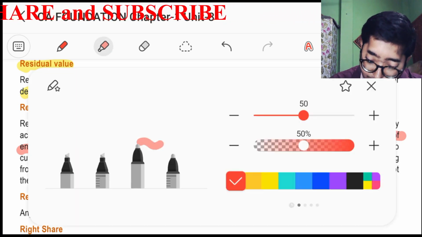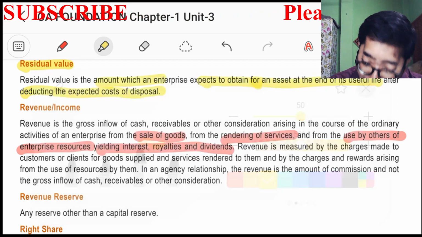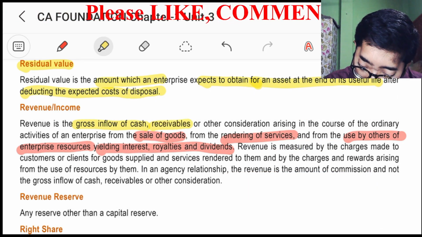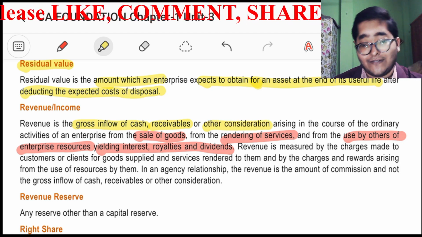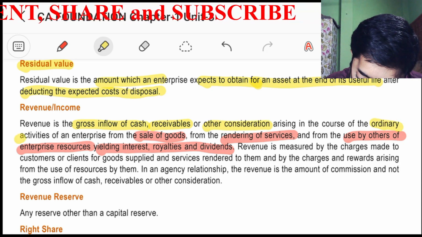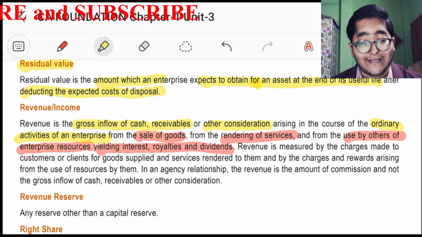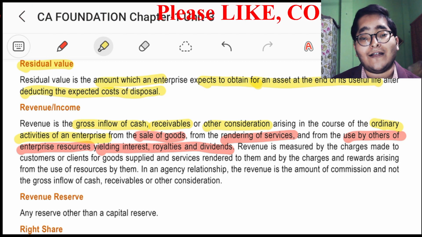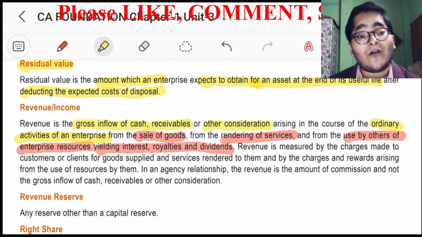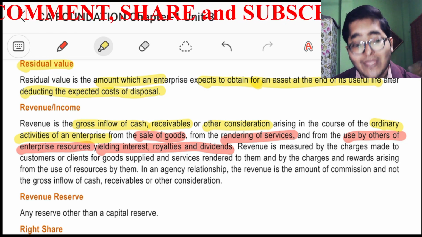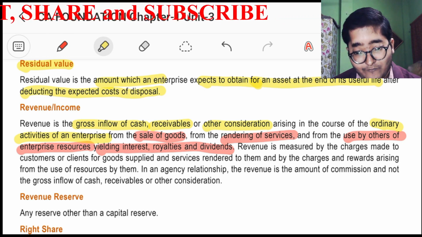So, in that case, what is revenue? Revenue is the gross inflow of cash, receivables, and other consideration arising in the ordinary activities of an enterprise. The gross inflow of cash, receivables, or other consideration arising from the ordinary course of business is known as revenue.